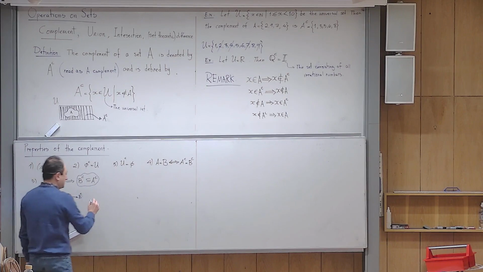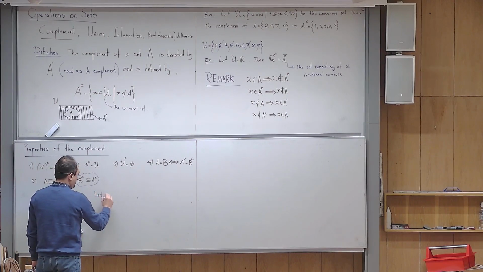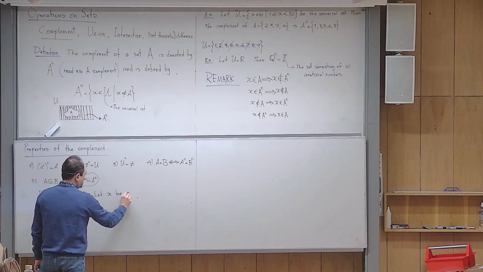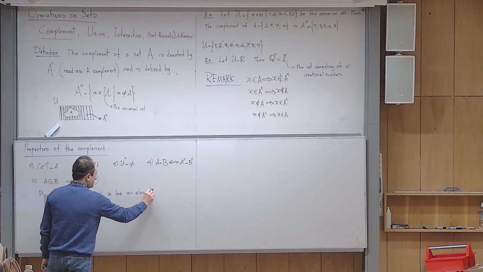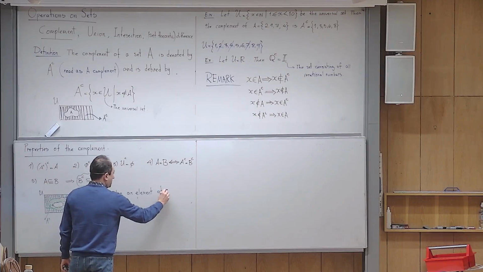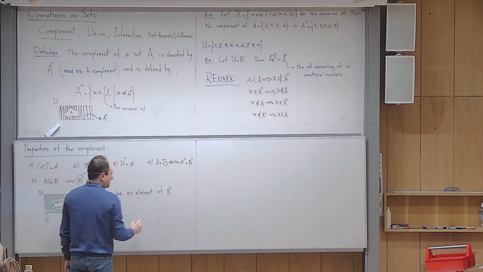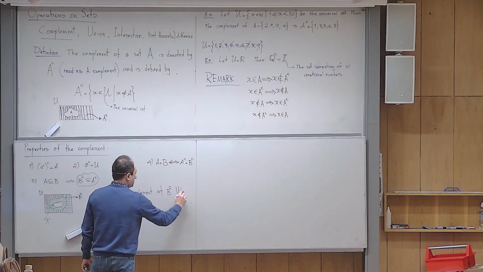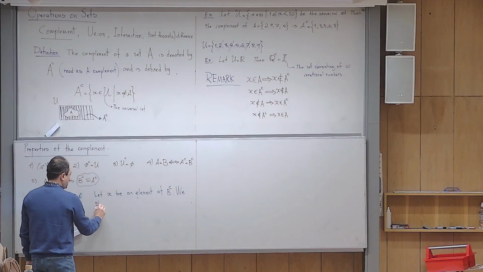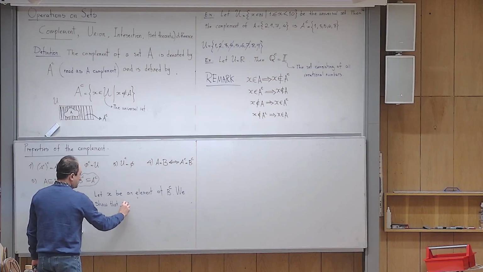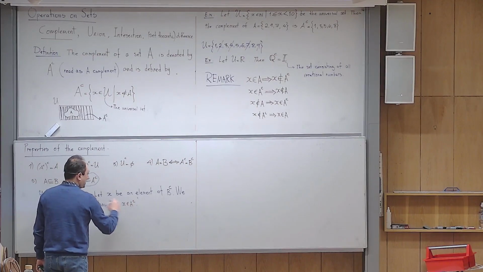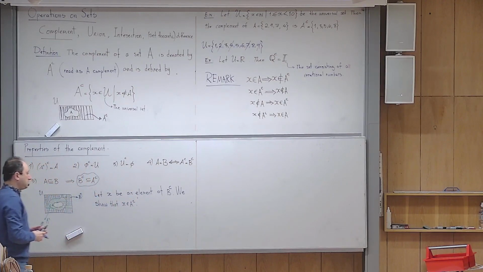So I would say that let X be an element of B complement. We show that X belongs to A complement. Do you agree? If I can show this to you, I am done.